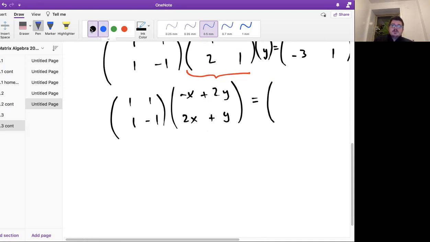Well, it's going to be two rows, one column. We know that in our definition of the matrix function, the first row represents the coefficients of the variables in the first coordinate.